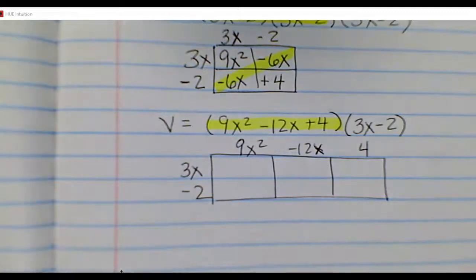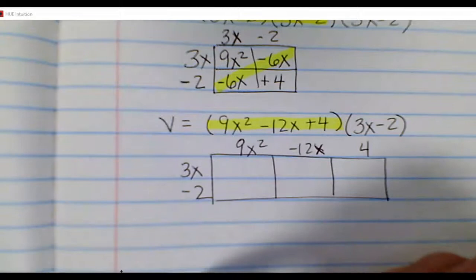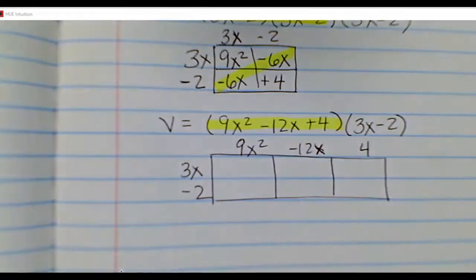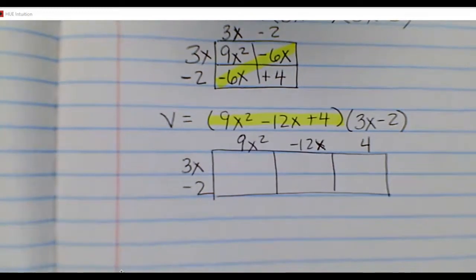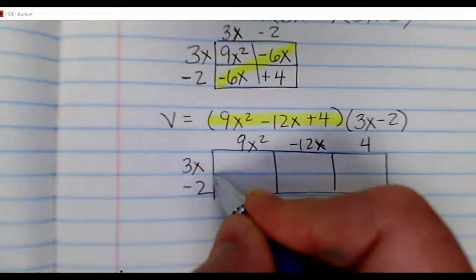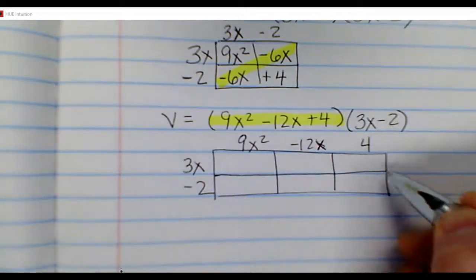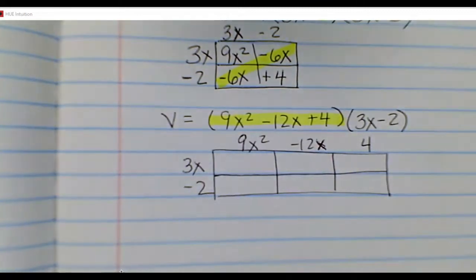Once again, it wouldn't have mattered if you made the box the other way. You could put the trinomial down this side and a binomial on top. That doesn't make any difference. The purpose of the box is to make sure you don't forget any of the terms, to make sure you get everything multiplied together.